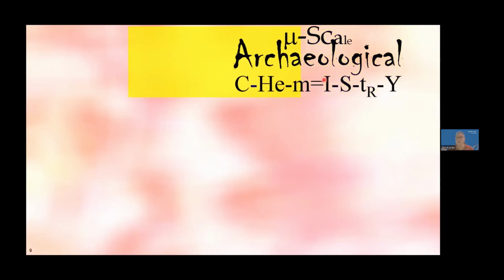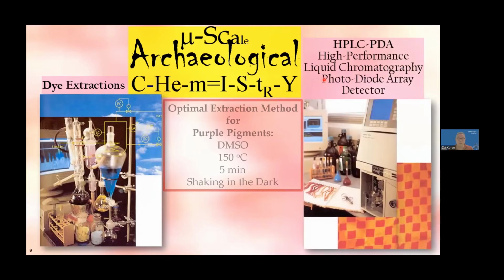And then when I got an HPLC, we did a lot of what is known in the field as microscale archaeological chemistry, a lot of extractions, and a wonderful high performance liquid chromatography. Some people call it high pressure, by the way. The better name is high performance. It works at high pressures, but high performance liquid chromatography, of course, with a photodiode array detector, which is very nice to take a look at.